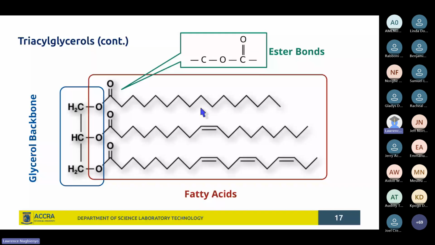That's why we say that the fatty acids are esterified onto the glycerol backbone. And the reverse of that is de-esterification, removal of the fatty acid from the glycerol backbone.